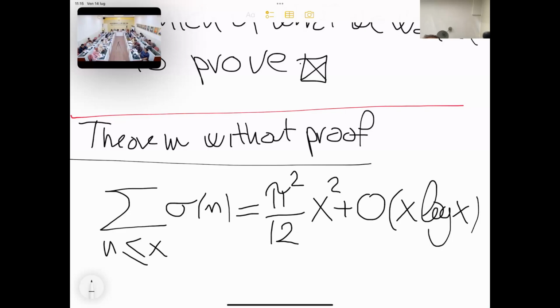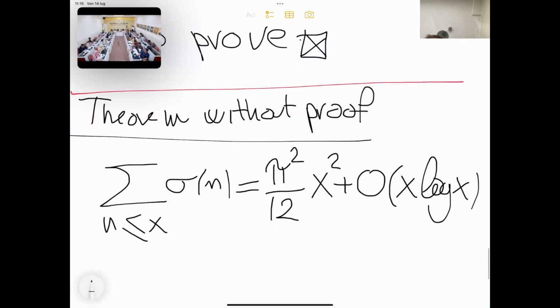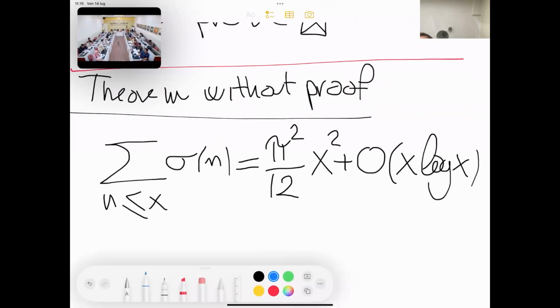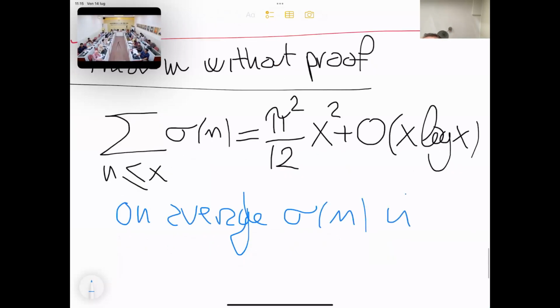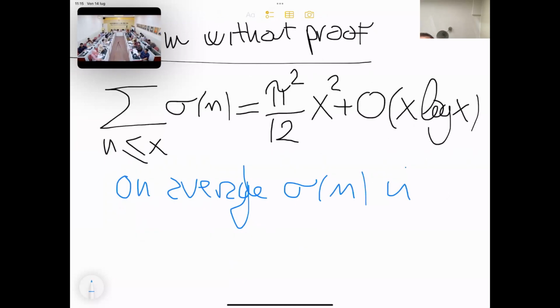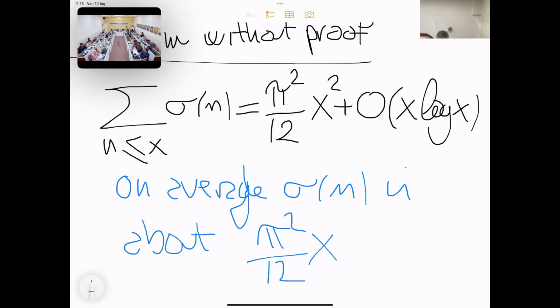So this is telling us that on average, so let's write, this is good to write, I think. On average, sigma of n is about pi squared over 12 x.